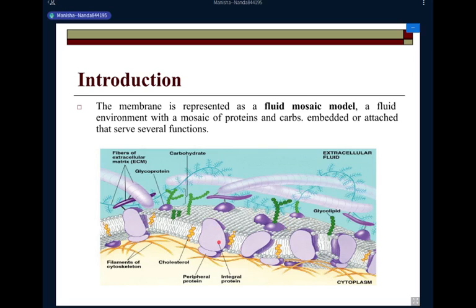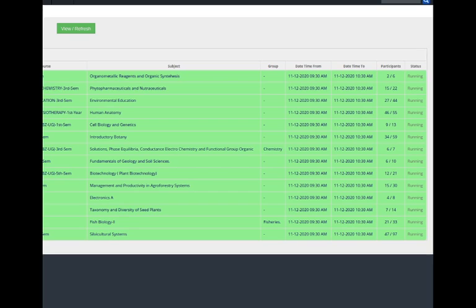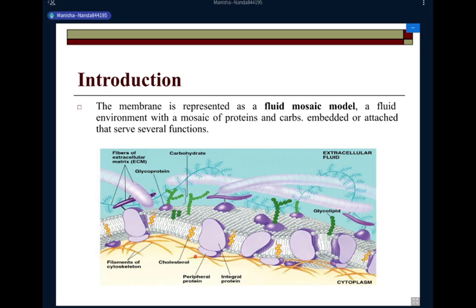These embedded proteins are called integral proteins or transmembrane proteins, as they can cross both the lipid layers and connect the cytoplasm to the cell exterior. Whereas these proteins, which are located only to one side of the membrane, as you can see here, that are not embedded, are called the peripheral proteins.